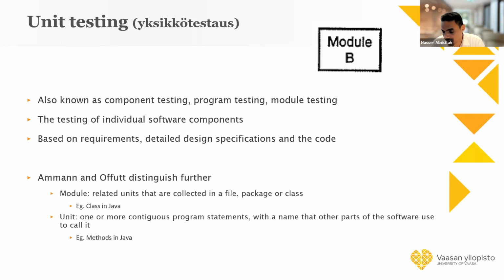The unit can be anything, any component of the system: a module, a class, a GUI, or methods. Anything in the system you think can be tested by itself, individually, we can consider as a unit, and then we can perform unit testing.